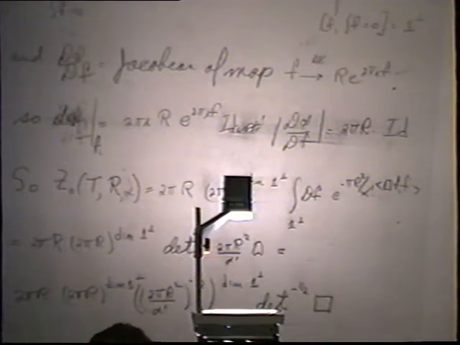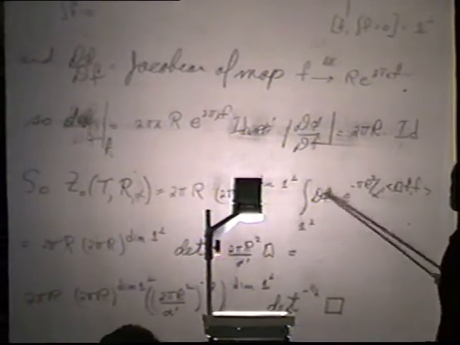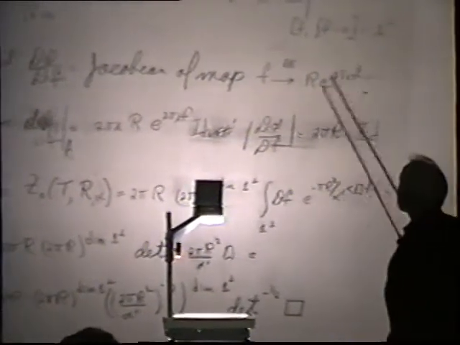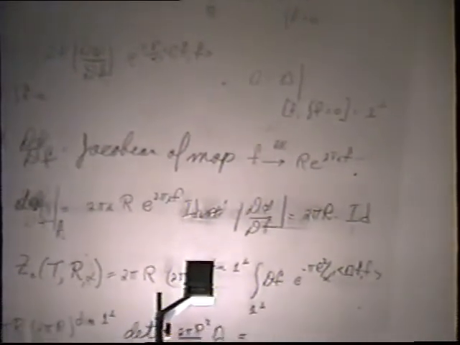Remember, our convention is it's 2 pi r raised to the dimension of the vector space. It's true the vector space is infinite dimensional. We've regulated it last time. We're going to regulate it the same way. So it's going to be 2 pi r to the dimension of what? Now the functions are those with integral 0, or the orthogonal complement of the constant functions.